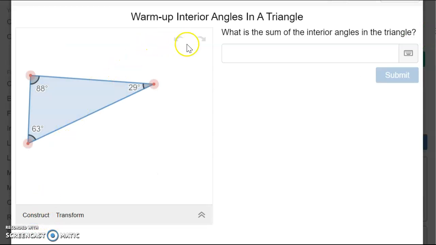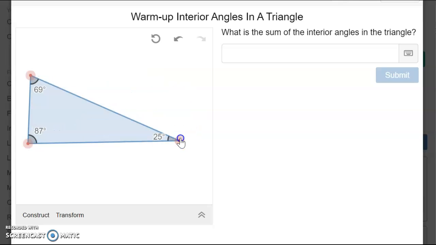Here we go. Warm up: interior angles in a triangle. What is the sum of the interior angles in a triangle? Well, what's an interior angle? Interior angles are all the inside angles, so we can add those, and we can change the shape. Desmos is going to measure for you. If I add 25 plus 68 plus 87, what do I get?